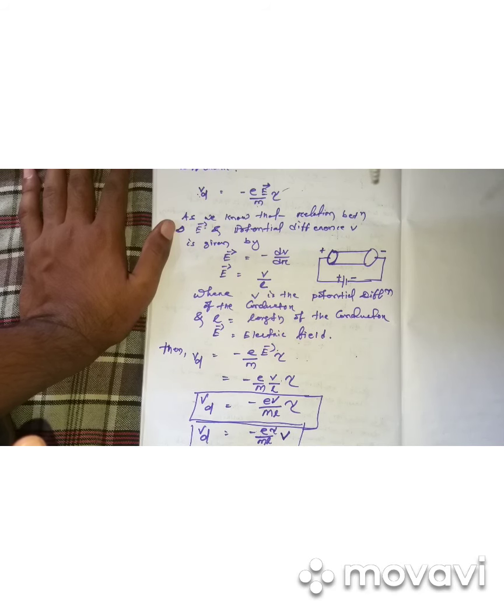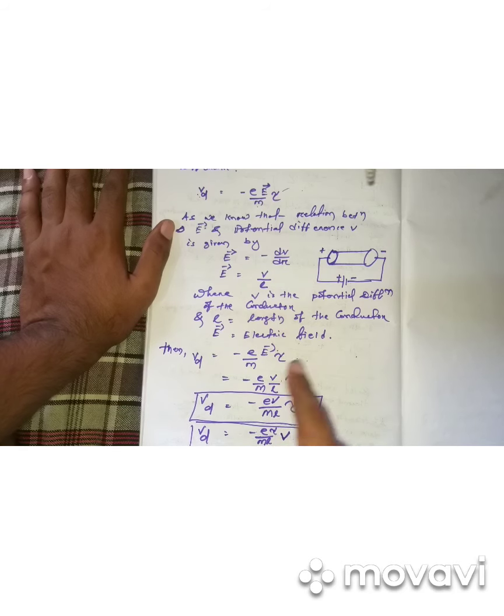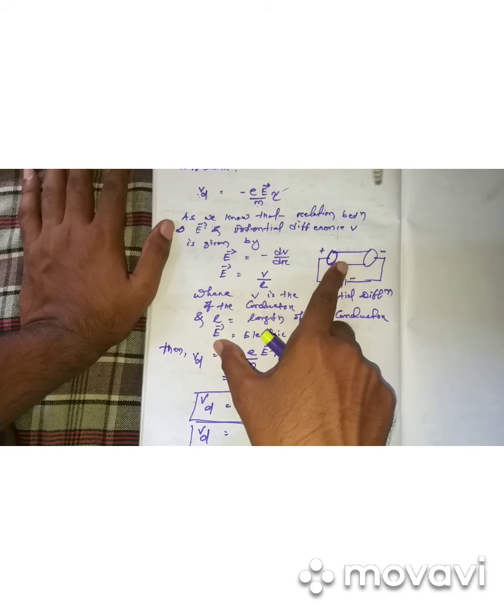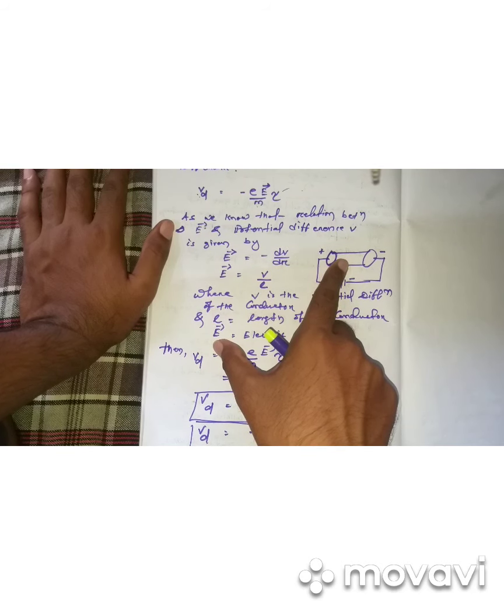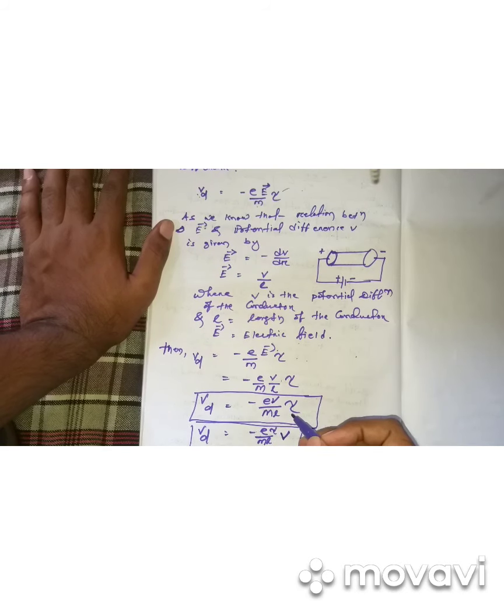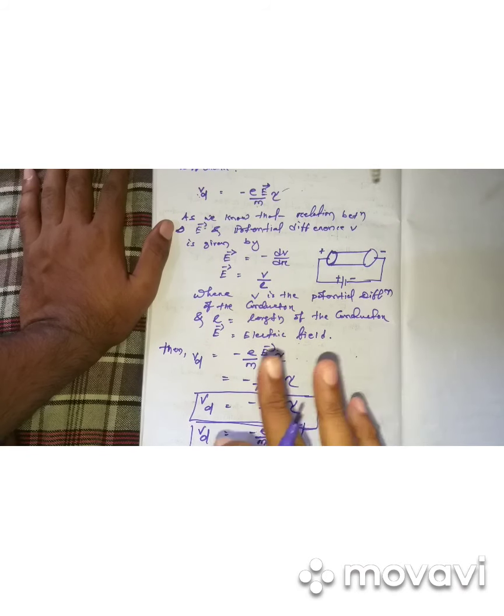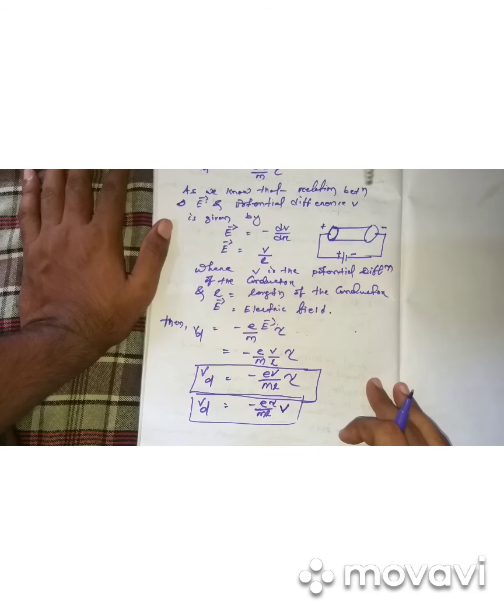But it is only applicable at a particular temperature or thermal energy. If you increase the temperature, then the free electrons inside the conductor vibrate more. Due to more vibration, they collide more quickly, so their relaxation time decreases. Clear? Are you getting my point?